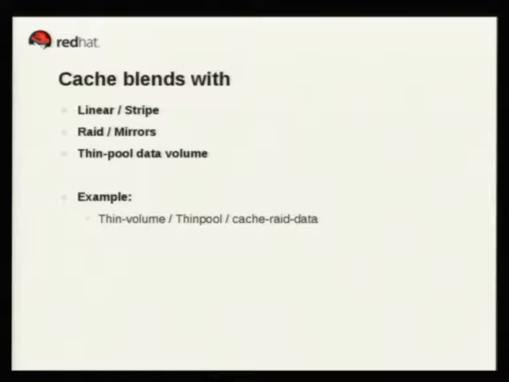But data volumes are usually the slower, bigger drive, and it makes sense to cache the most used data. We probably will support even individual thin volumes, but we are not yet there. So basically these types are what we currently support.